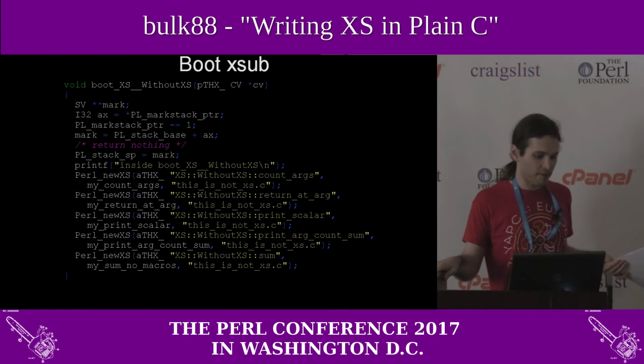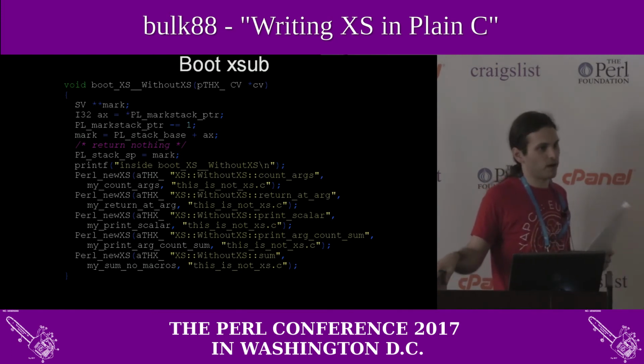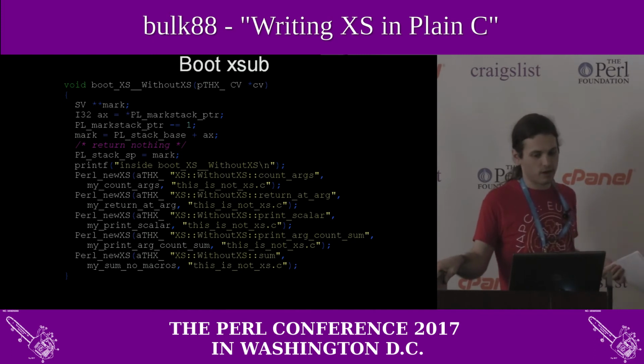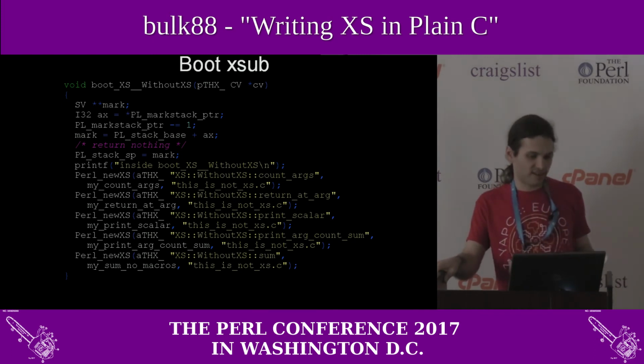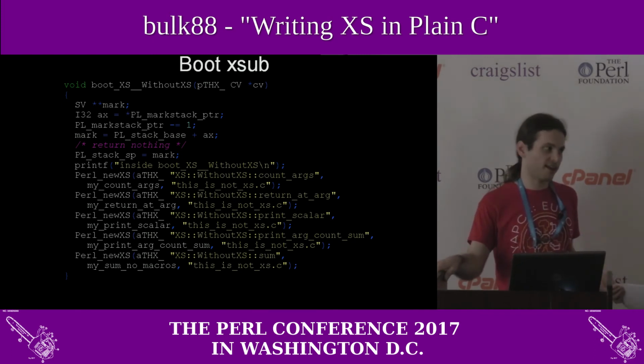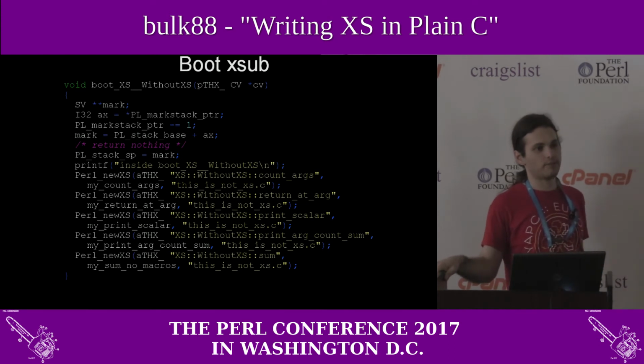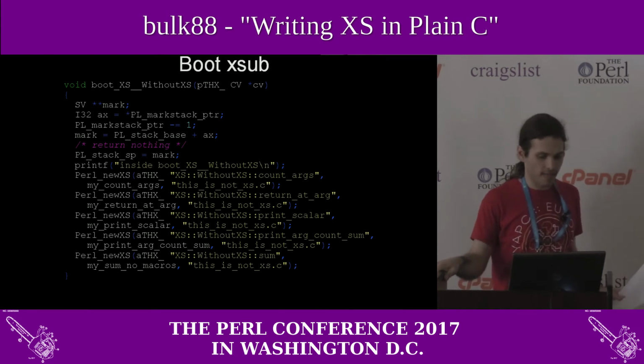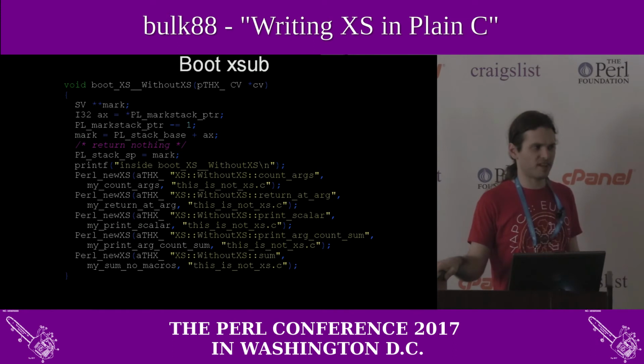Just as in the diagram earlier, new XS is just called repeatedly with the string name of the subroutine we want to register and its pointer as the second argument, and the third argument is the source code file name for things like warnings. Although the warning system is not actually smart enough to return .c files for most warnings.